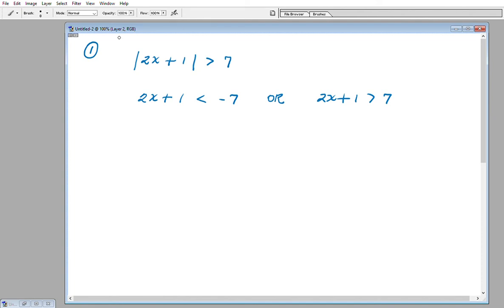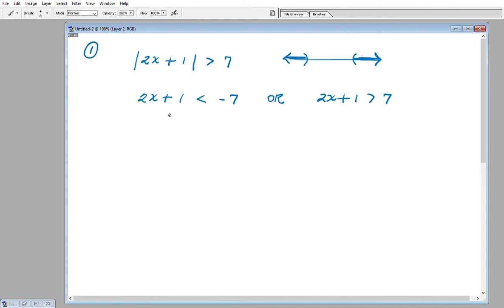So when we have something like this, the answer is always going to be a piece on the right and a piece on the left. I just have to fill in what these are. So we'll fill that in a second.